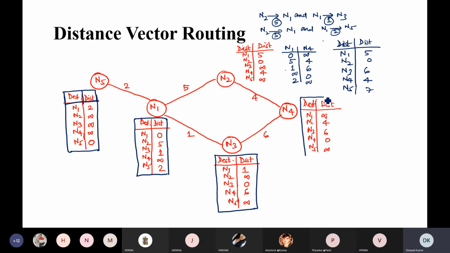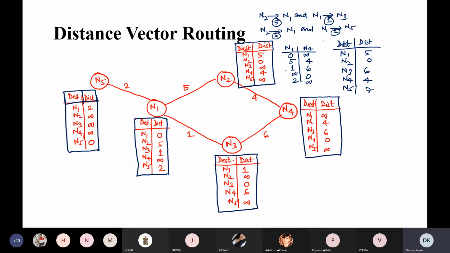Here is the distance of N4 from all other routers, in its destination-distance table. I have left out the next hop column here because it is not required. It will be required for the other algorithm we will discuss later.